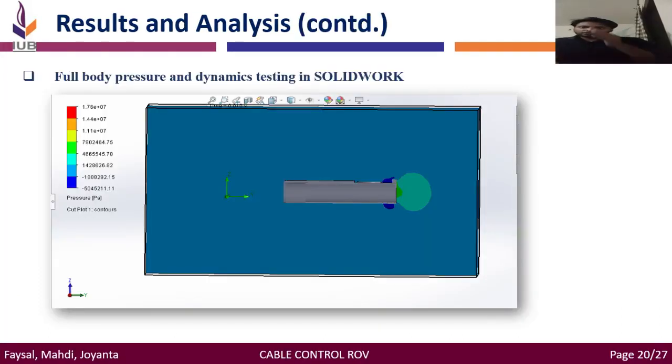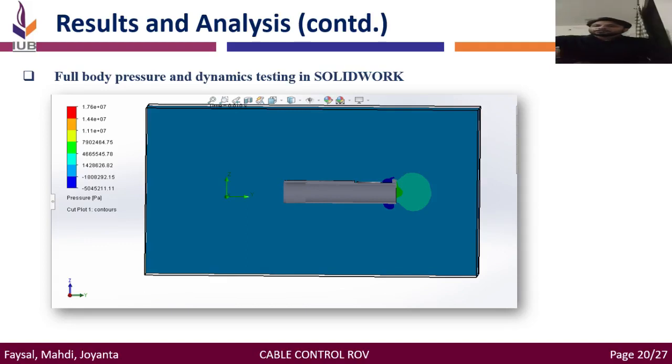In the next part, we have shown the full body pressure and dynamic testing in SolidWorks. Here we can see that along the x-axis, the water pressure is not causing any harm, or forcing the vehicle to the other side.